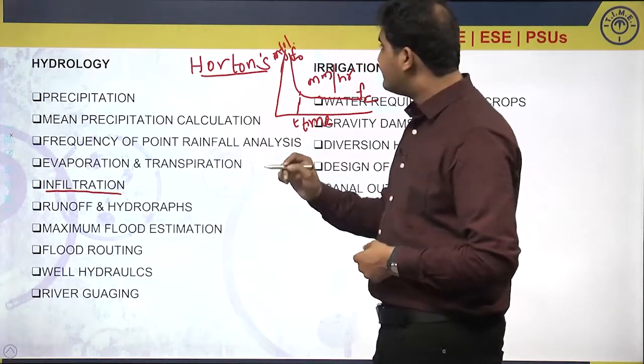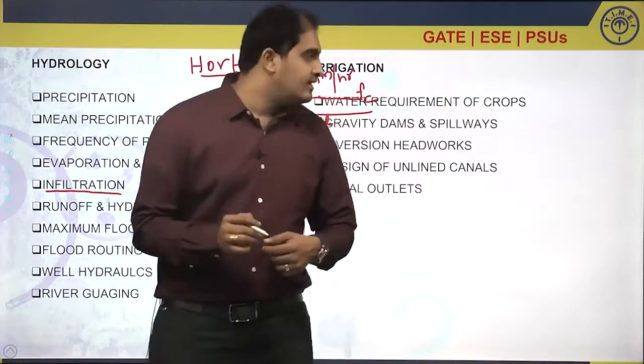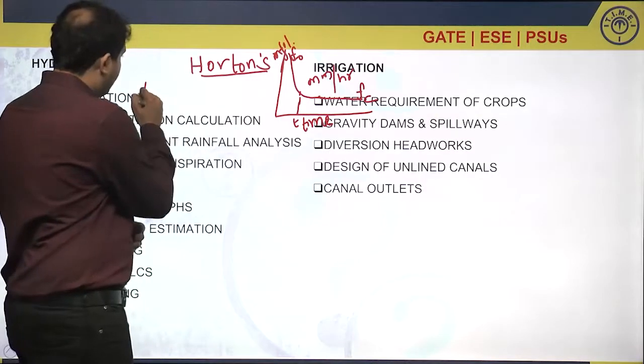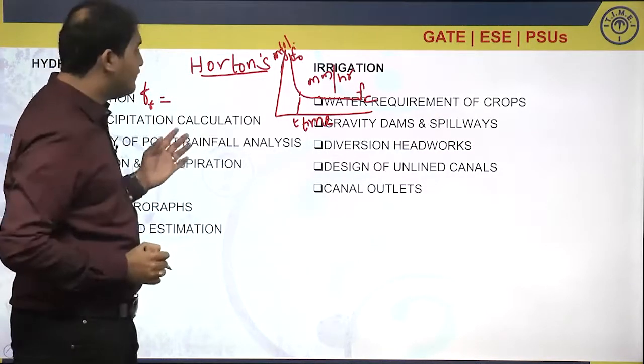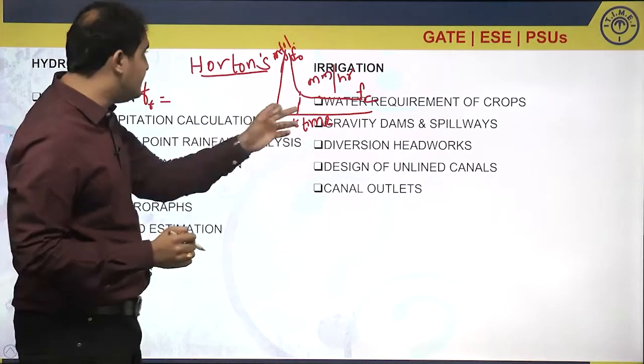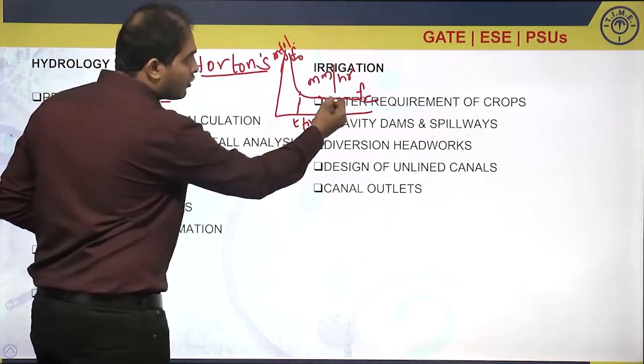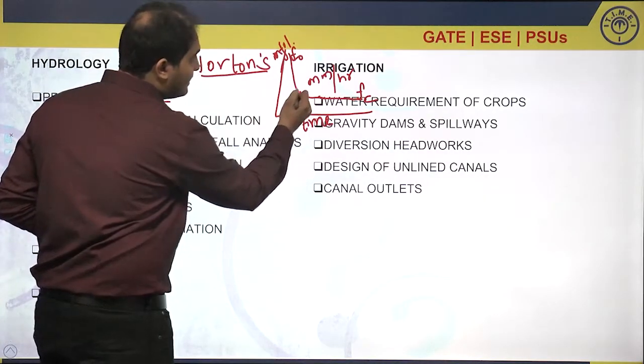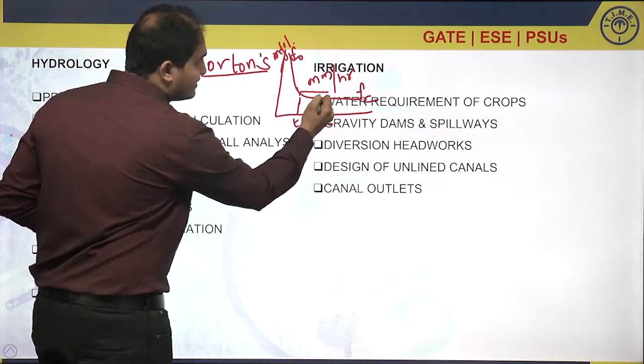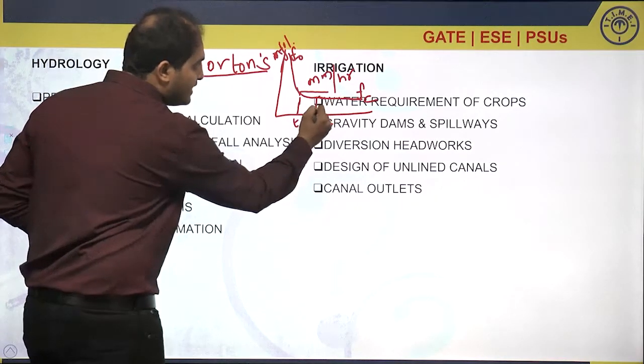Now we have an equation by using Horton's curve, that is Ft, that means infiltration at any given time t. See, this is your constant infiltration, so infiltration at any time t is nothing but an addition to this Fc.